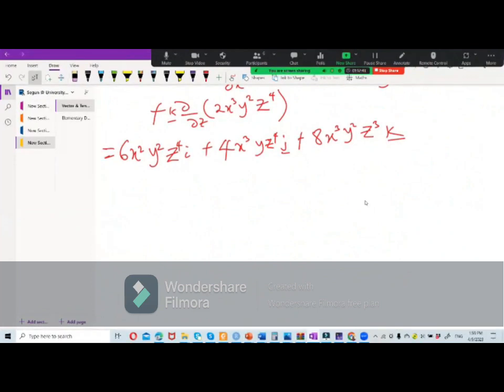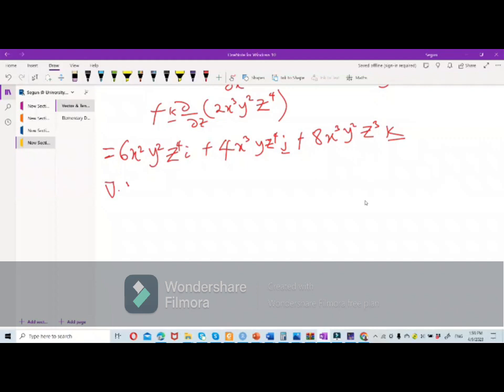The second part now says we should find the divergence of phi, that is, del dot grad phi. So we have this one.